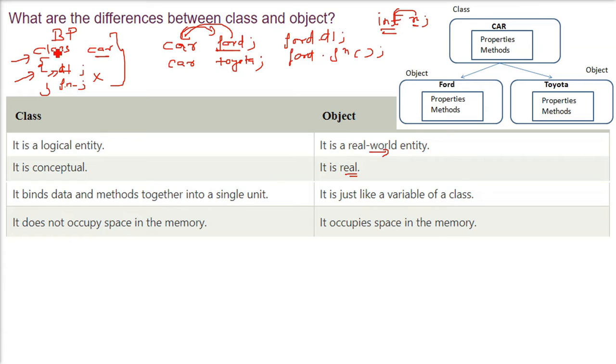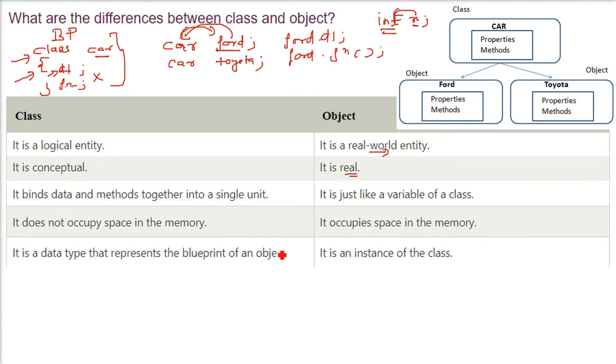As I said, a class does not occupy space in memory. An object, when we instantiate, when we make an object, then the object will occupy space in memory. Class is just a template, no memory at all. Class is a data type, and this is a user defined data type.